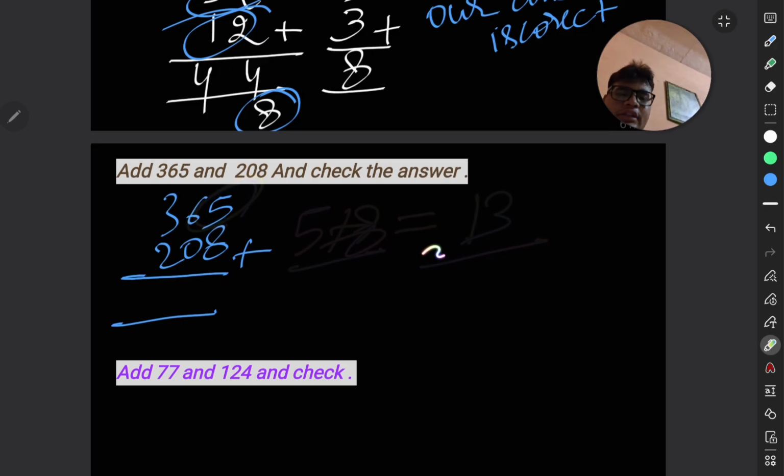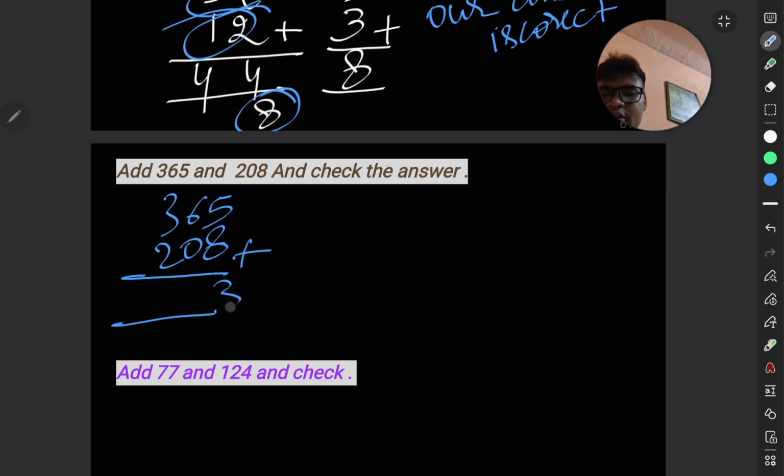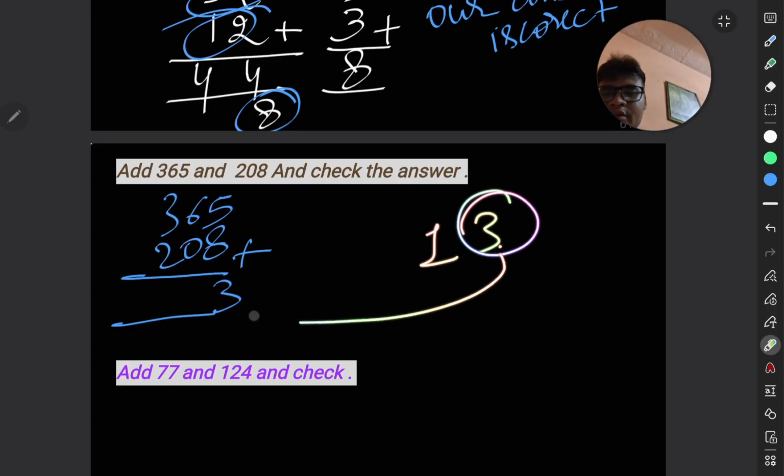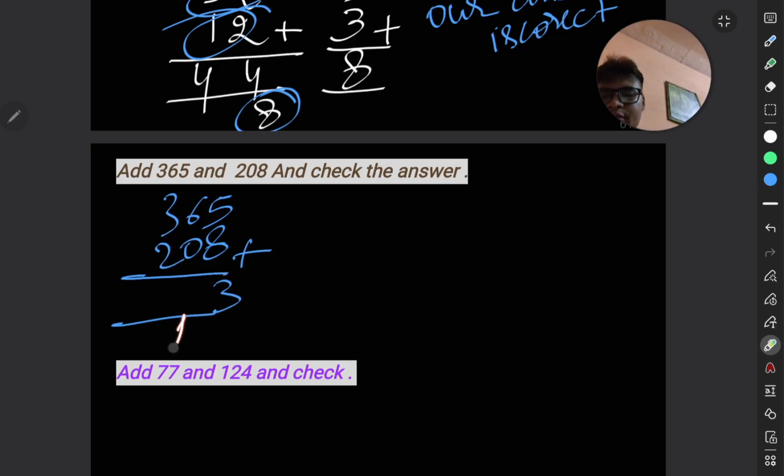We will write this 3 here, and 1 will be carry. Okay, we write it here for convenience. You have to solve it in your mind.